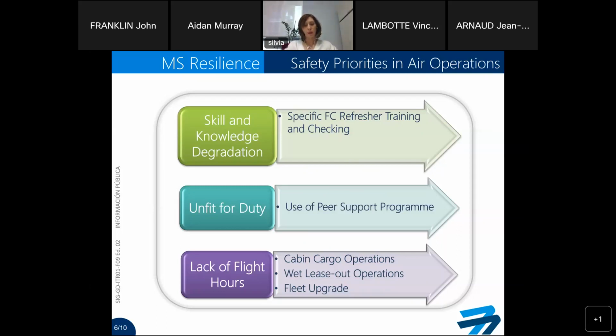Airlines coped with that issue by designing specific refresher training and checking with the aim of improving crew competencies.